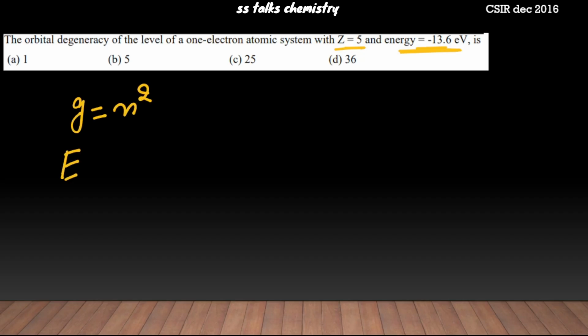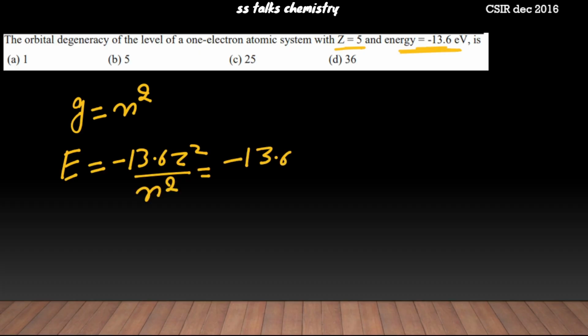The energy value is minus 13.6 Z square upon n square. This value is given to us, which is minus 13.6 electron volt. Now the Z value is 5, so just substitute that. It will be 5 square upon n square, which is equal to minus 13.6. These get cancelled on both sides.